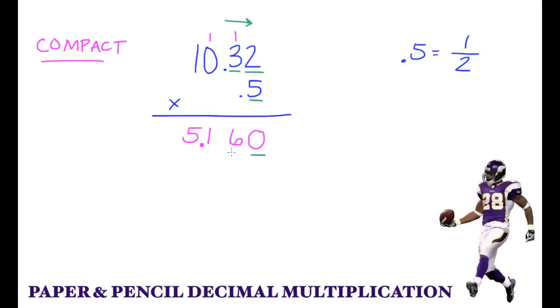I got 1, 2, 3 places. Oh yeah, I did that with waves, didn't I? Let me do it again like I've always been doing it. I did it like this. I start here and I go 1 place, 2 places, 3 places, and put my decimal. 5 and 160 thousandths. Okay, good luck with your own paper and pencil decimal multiplication. If this was complex, rewind it to the beginning and watch it again. Have a great day.